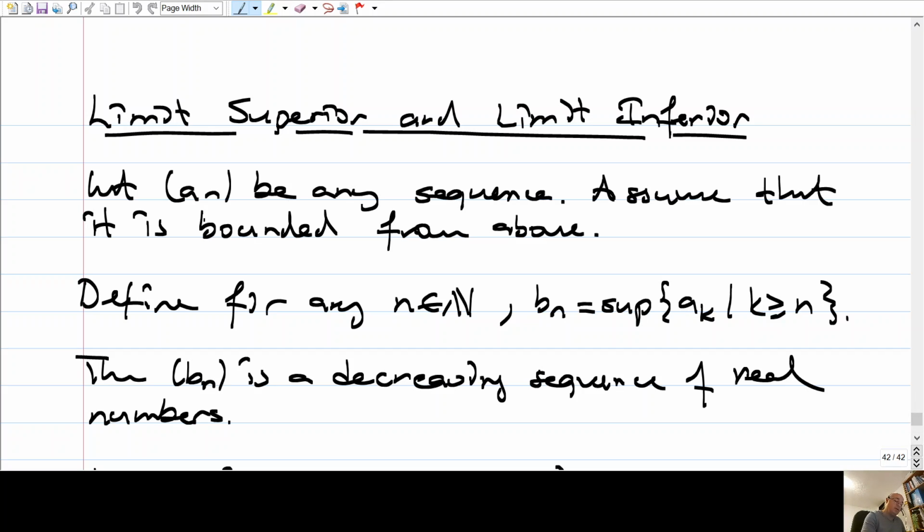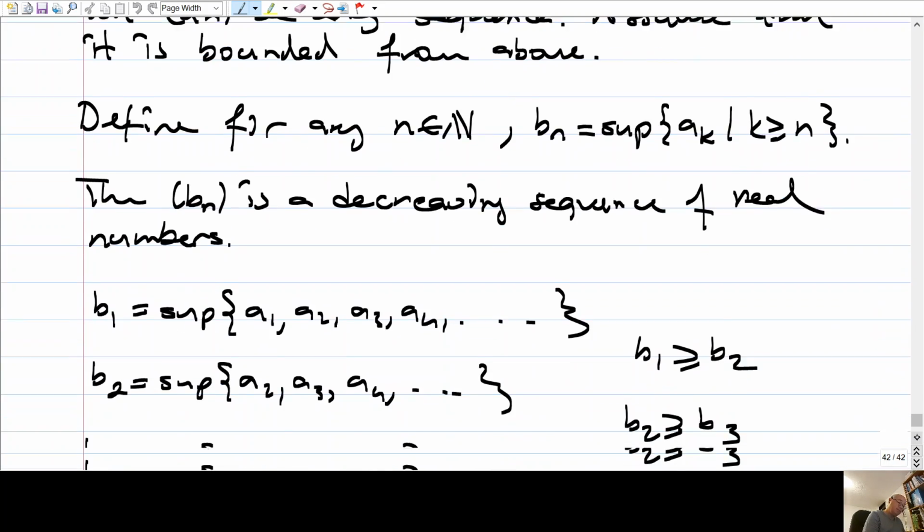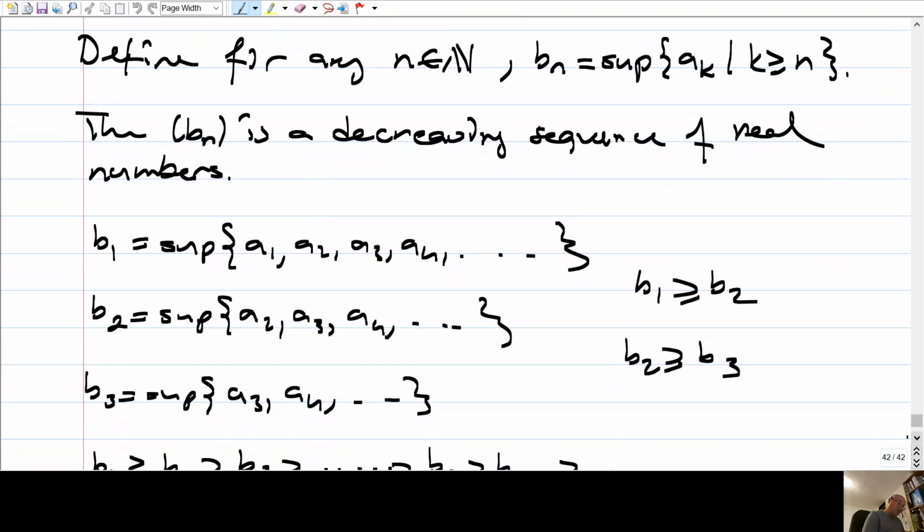We take any sequence. If it is bounded from above, then we define the following sequence, Bn. Bn is defined as the supremum of all the terms of the sequence with index larger than or equal to n. So B1 is the supremum of all the elements. B2 is the supremum of all the elements whose index is at least 2.